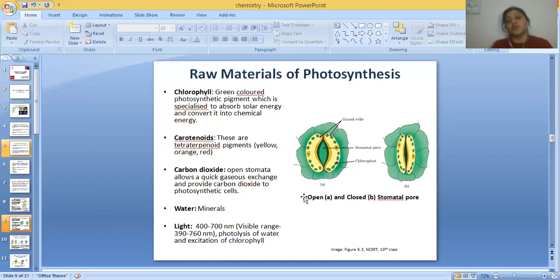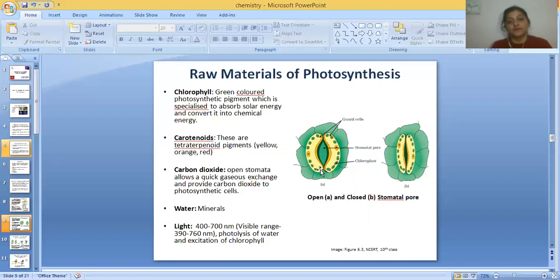Whenever water enters into the guard cell, it gets swollen, and the stomatal opening widens out. So it opens the stomatal pore, and whenever the water gets out of these guard cells, they shrink and stomata closes. So open stomata allows a quick gaseous exchange, and it provides carbon dioxide to the photosynthetic cells, which is very essential.